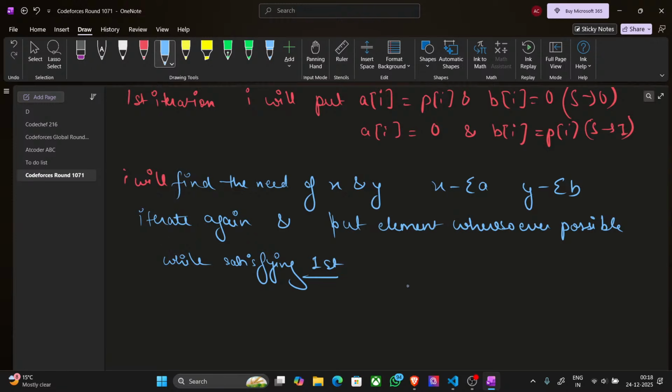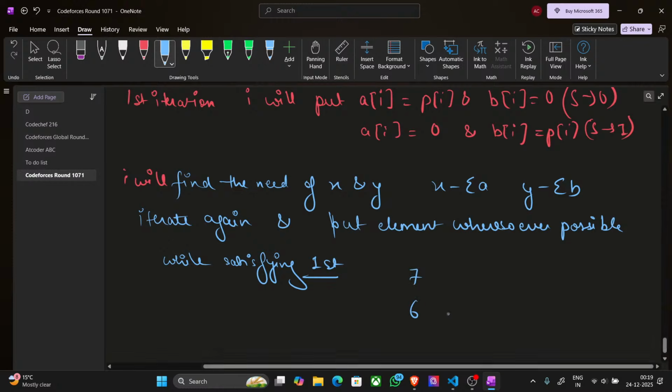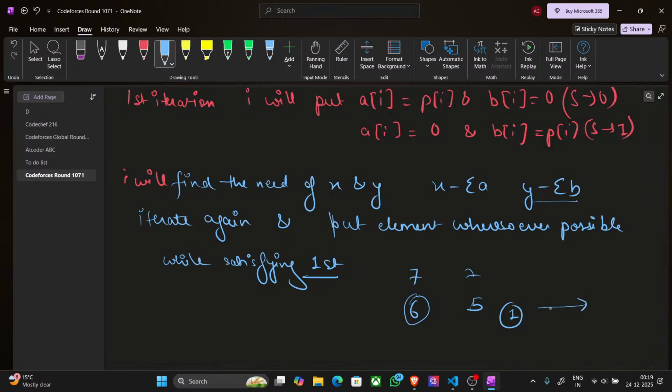Like if it looks like 7 and 6, for example, I cannot put any value in B. If it is like 7 and 5, I can put only one element in B, right? And I will decrease then the need. So I will continue doing this in the whole iteration until I can satisfy all the value of X. And if I cannot satisfy, I will just return no. If there is any need left, I can just return no.